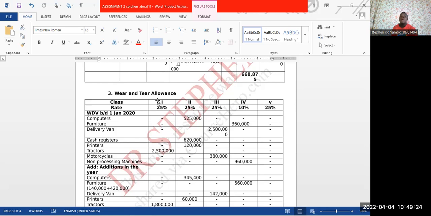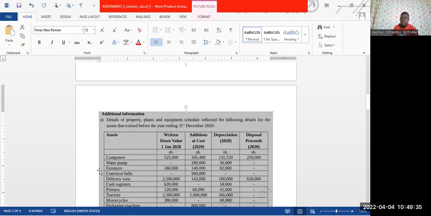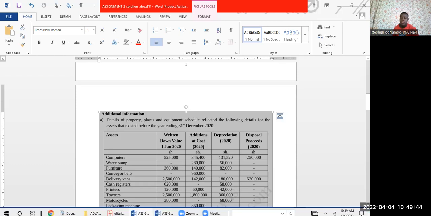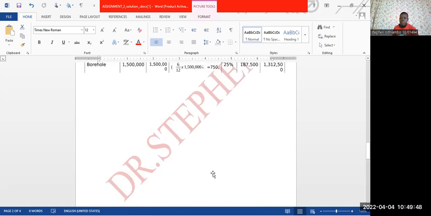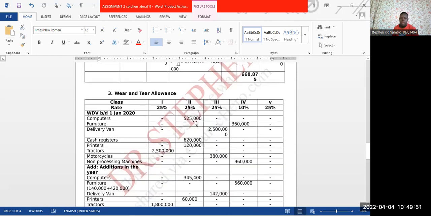Then we have the working down value brought down on 1st January, which we have nothing. For computers, furniture, you just come back to the table, here we have computers, you can see we have 525,000, we have water pump 280, furniture 360. Those are some of the things you're supposed to be bringing down. Like here in capital allowances, we have computers 520, and it is always given a class of class 2.